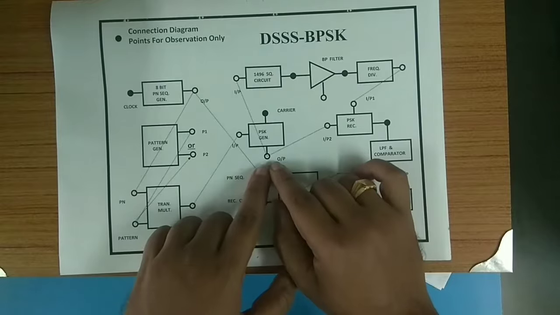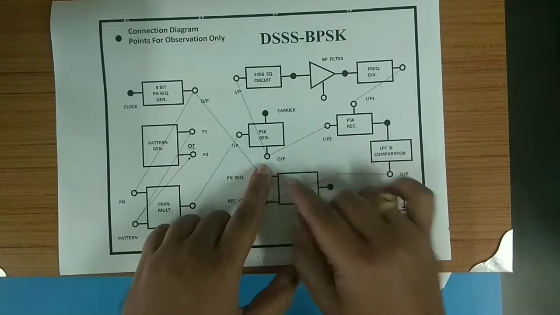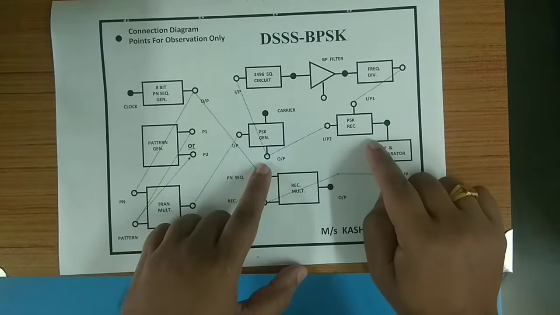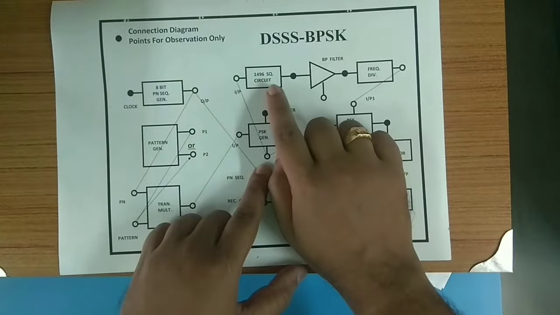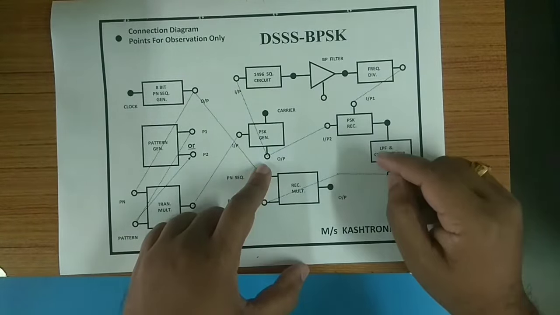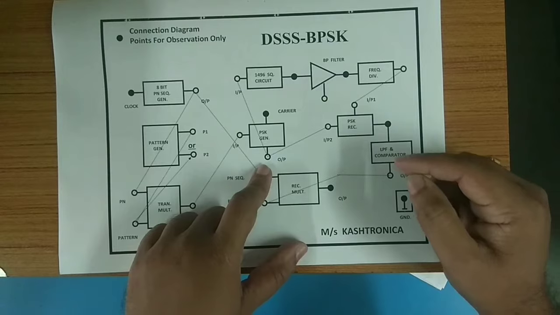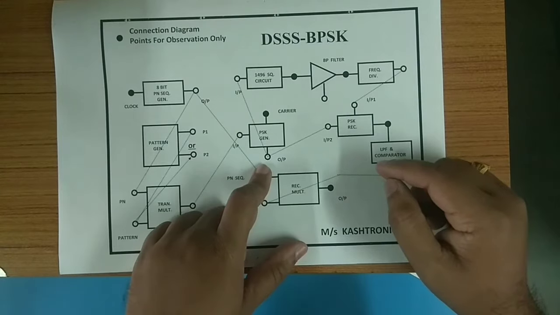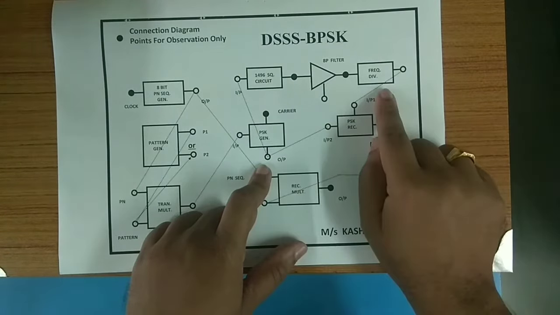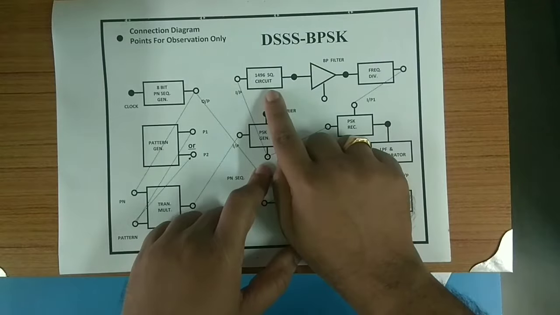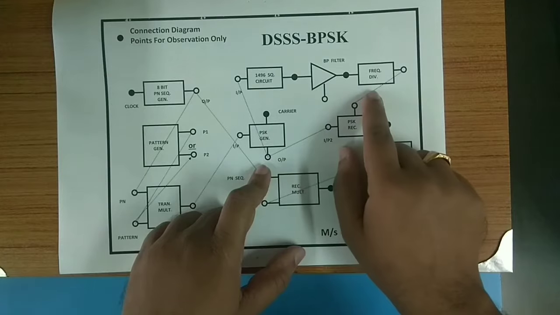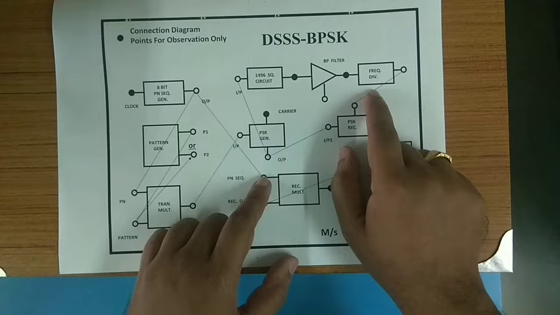Now in case of the receiver, this is a coherent receiver, and this side is the receiver side. Since it is a coherent receiver, we require a synchronous carrier for demodulation. For that reason, here is a carrier recovery circuit: a squaring circuit, band pass filter and frequency divider by 2 network.